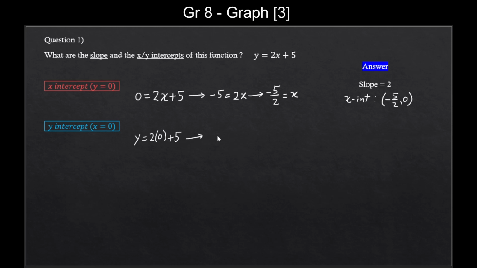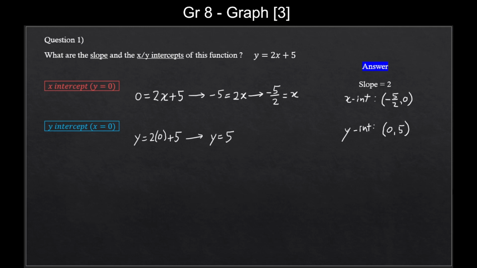So, 2 times 0 is 0. Therefore, y equals 5. That means our y-intercept should be at (0, 5).